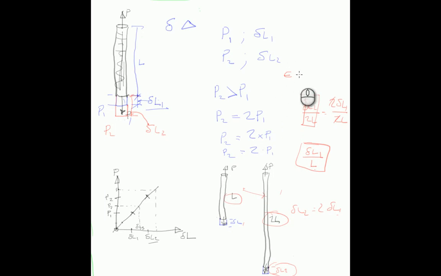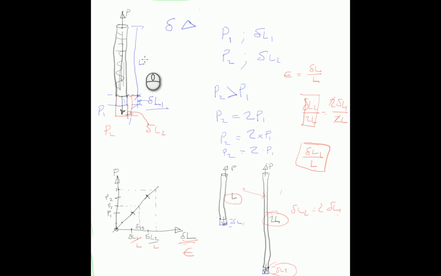So strain is equal to the change in length divided by the original length, and if instead of plotting change in length, we plot strain on this axis here, I now have a strain delta L2 divided by 2L, delta L1 divided by L for this situation here.